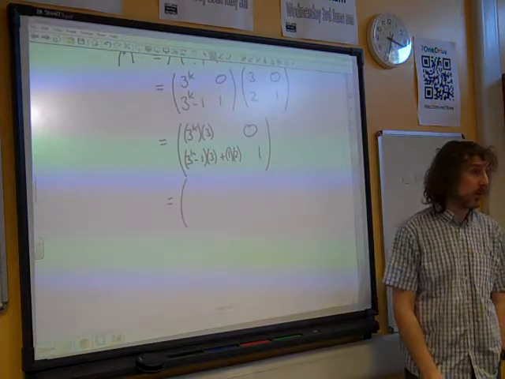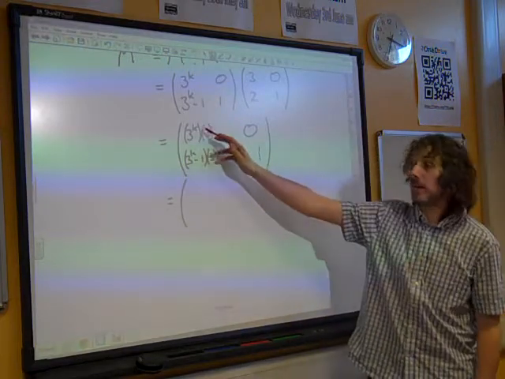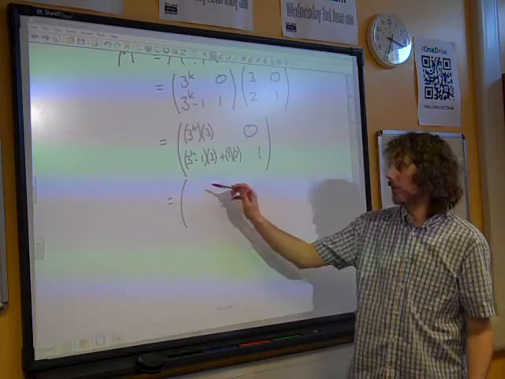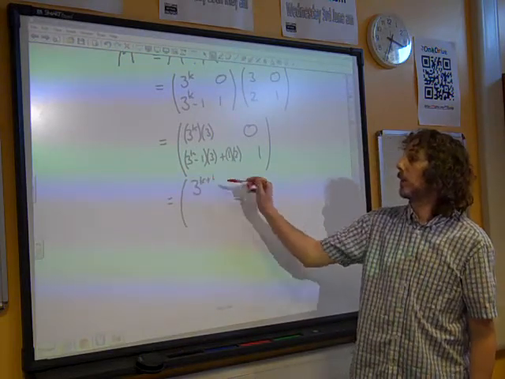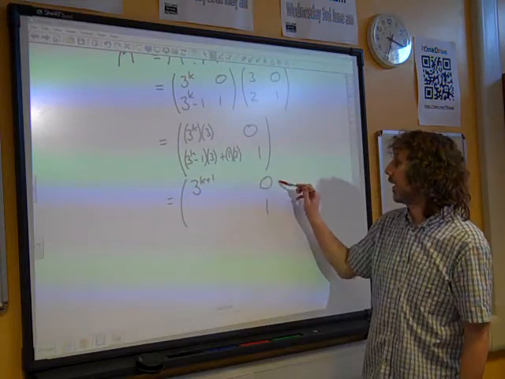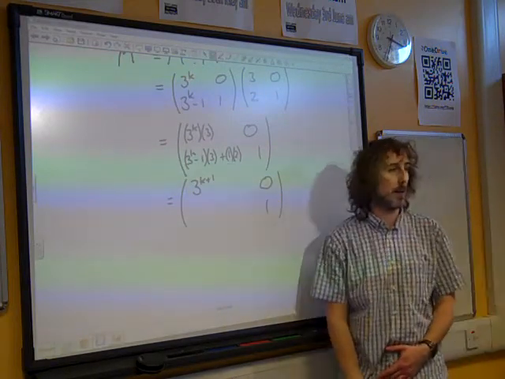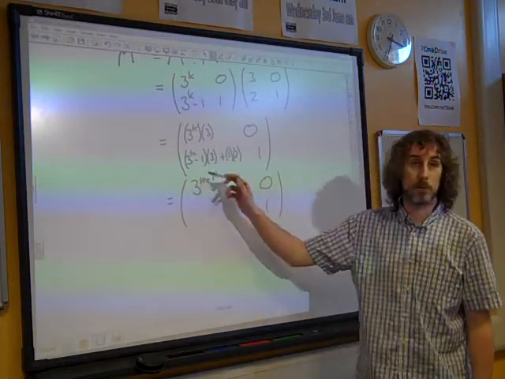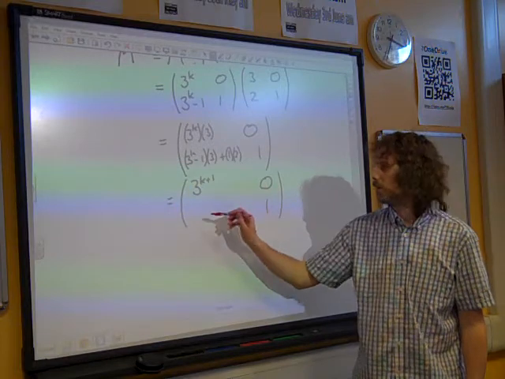So just using our core 1 indices stuff, we've got 3 to the k times 3. That's 3 to the k times 3 to the 1. We add the powers. 3 to the k plus 1. The 0 I'm delighted with. That 1 I'm delighted with. Let's work out what's going on down here. Multiplying out this bracket, we have 3 to the k times 3 to the 1.